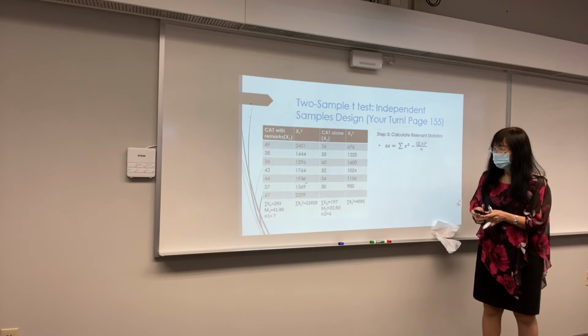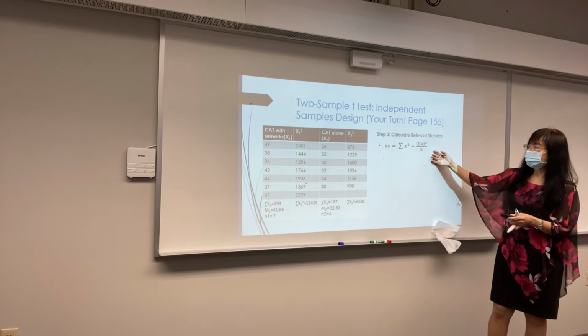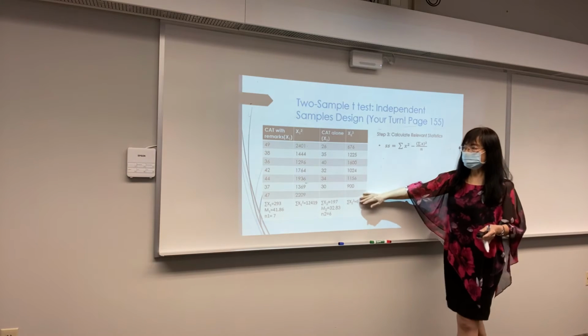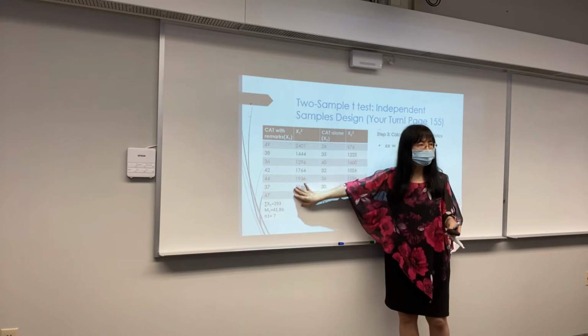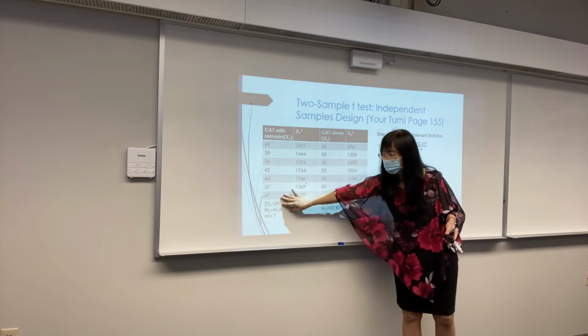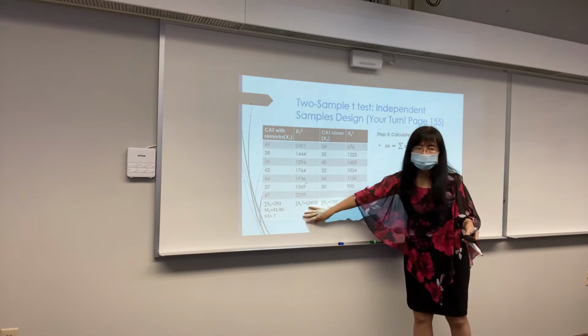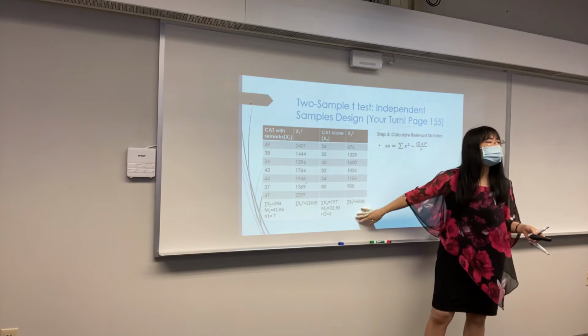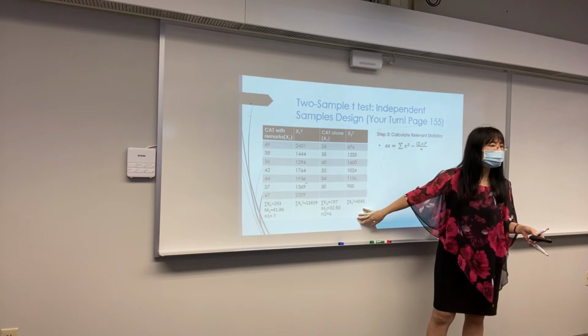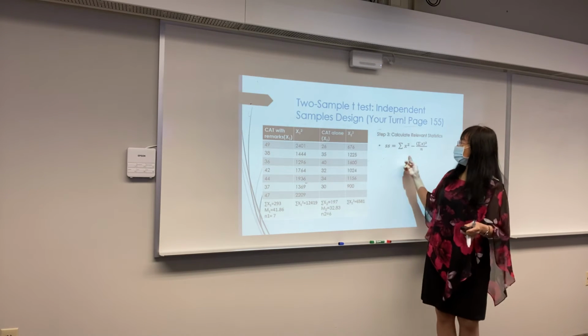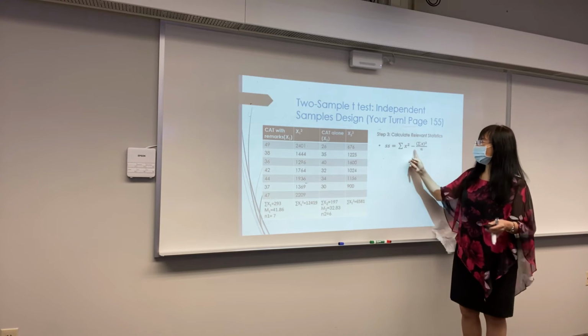Then you have to do your calculation, so that's why I sum the times, and sum them. So you got all this information, and then we put it into our formula.